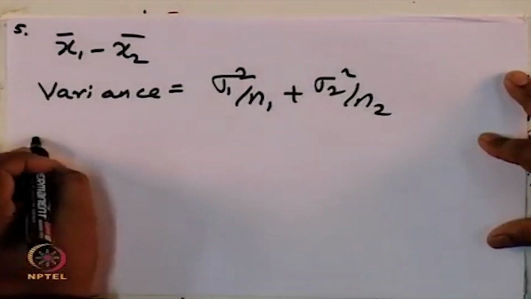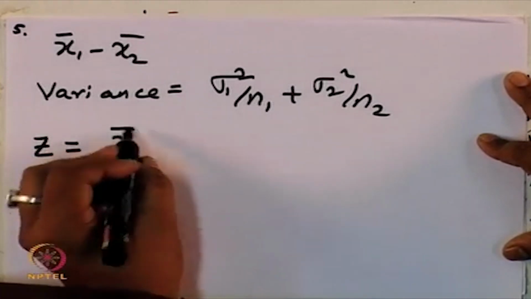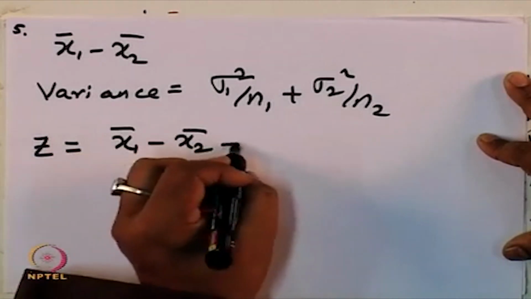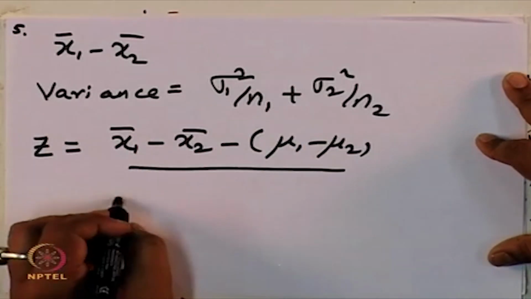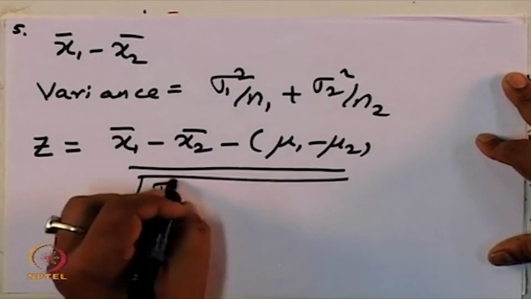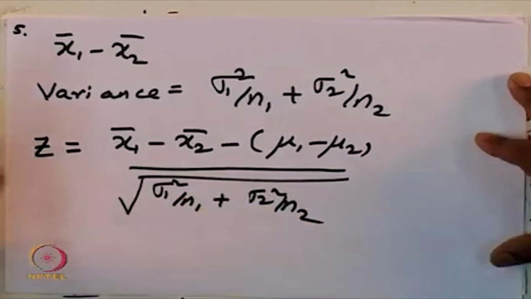So, I can create this standard normal variable z defined by x1 bar minus x2 bar minus mu1 minus mu2, divided by the root of sigma 1 square by n1 plus sigma 2 square by n2.